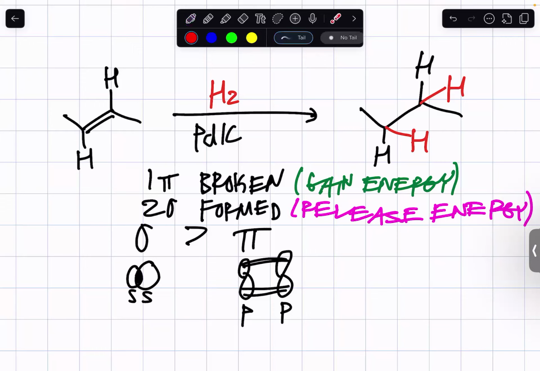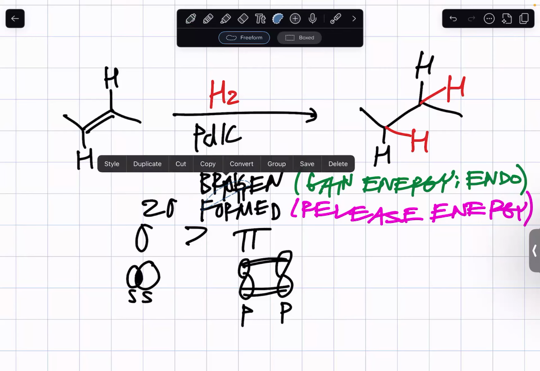Yeah, when you break bonds, you put energy into breaking it. So that's why the system is gaining energy when the bond is being broken. So that's endothermic, and then the second one is exo. First one would be endo, second one would be exo. Yep.